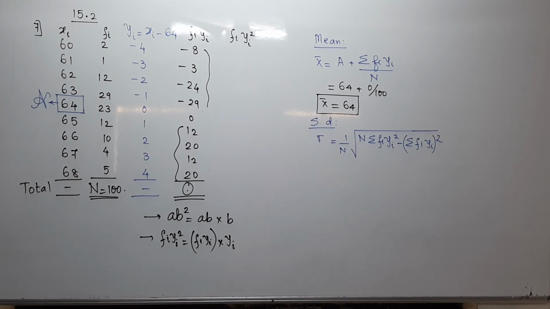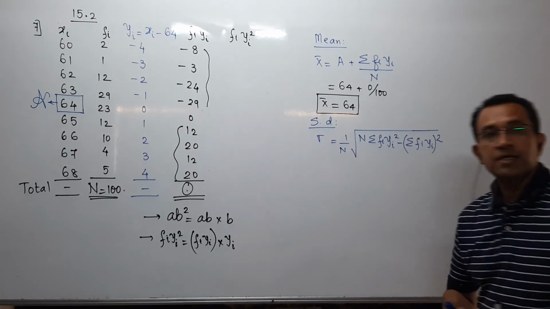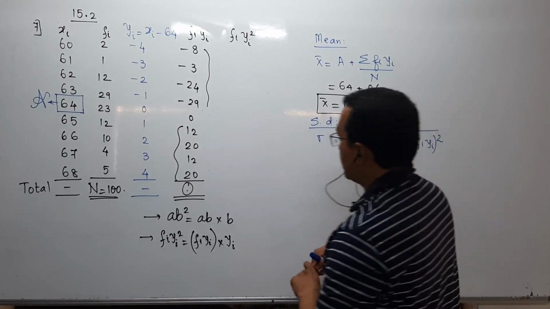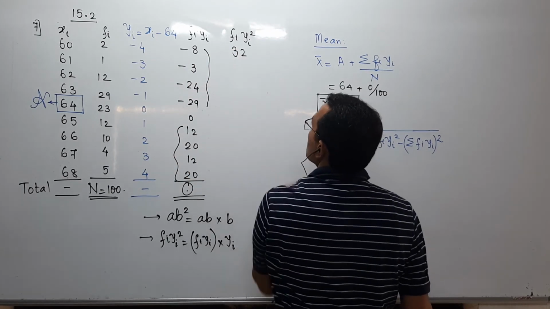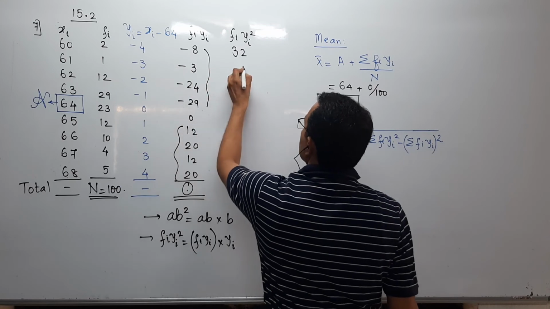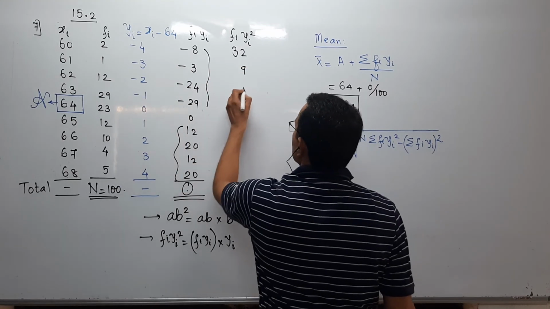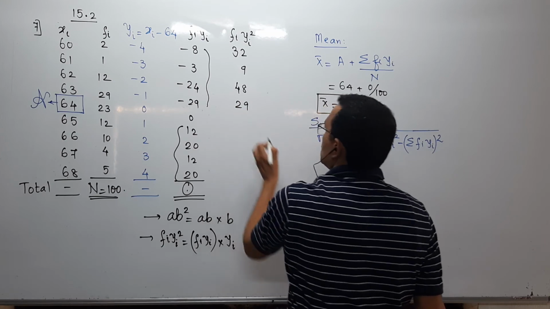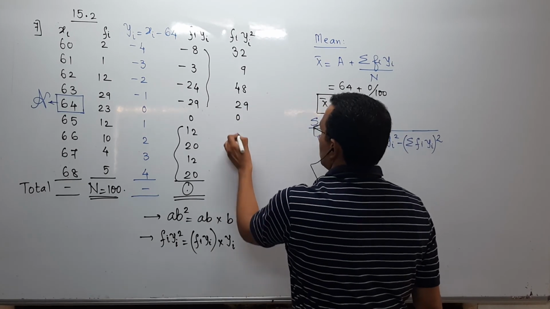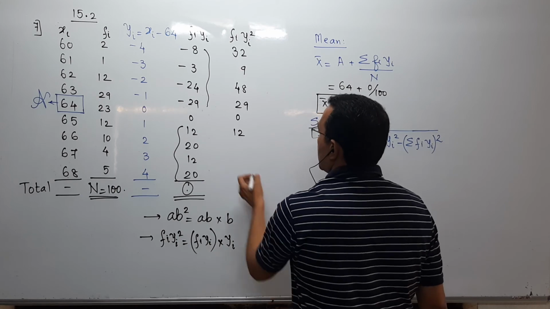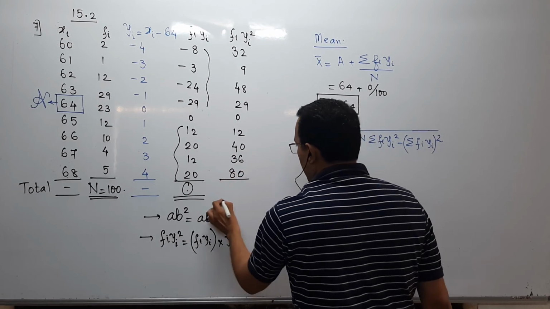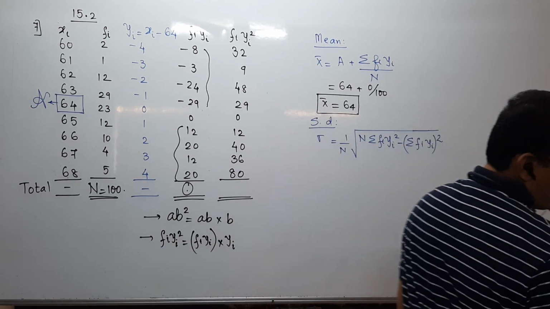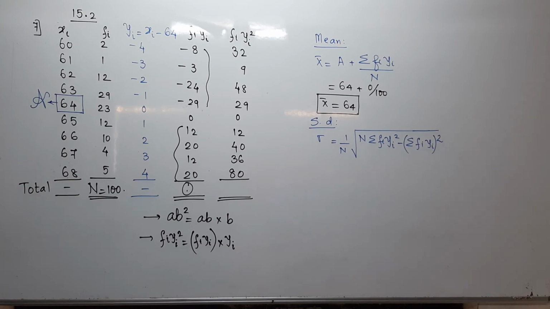And that column is obtained as fi yi into yi: minus 4 into minus 8 is plus 32, minus 3 into minus 3 is plus 9, 24 into 2 is 48, 29 into 1 is 29, 0 into 0 is 0, 12 is 12, 20 is 40, 12 is 36, 20 is 80. So this total comes out to be 286.